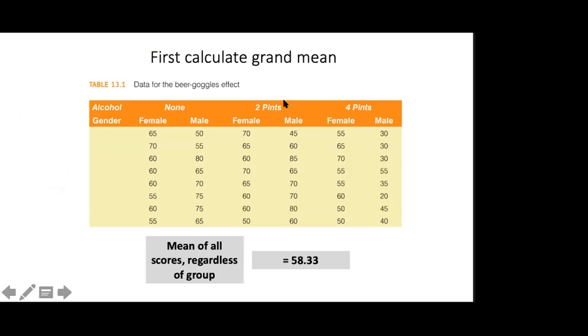Then we can calculate the mean of all scores, or a grand mean, regardless of group membership, and that is for this example 58.33. That's our grand mean.